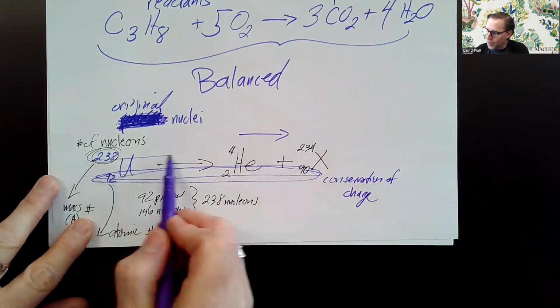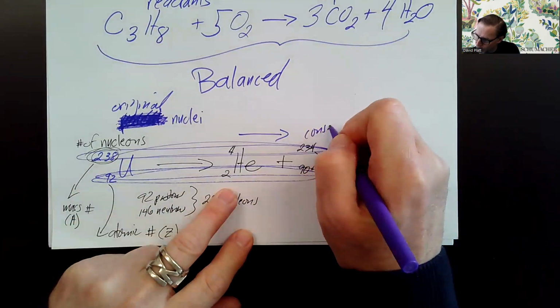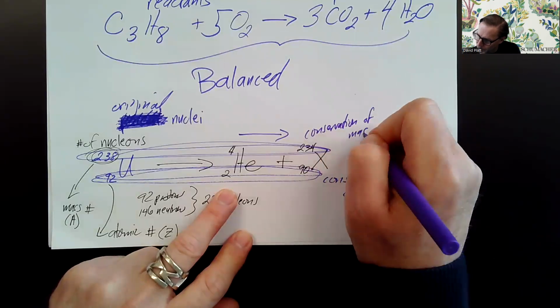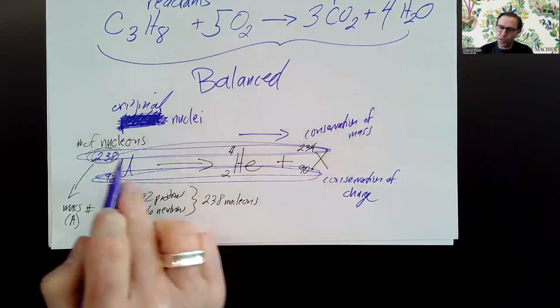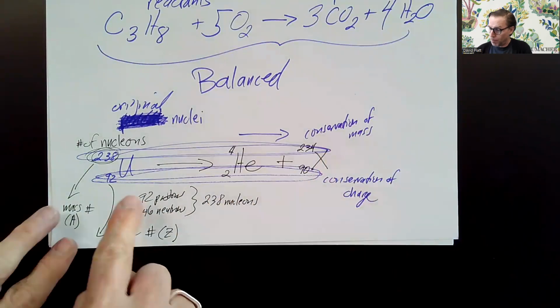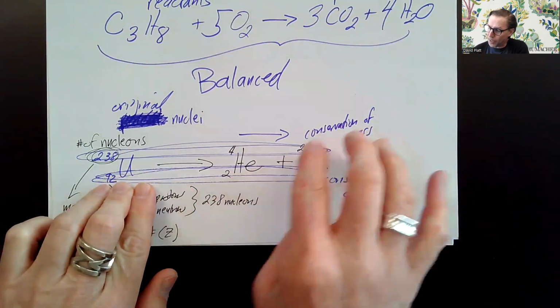And then I draw another similar shape here. This is called conservation of mass. 234 plus 4 is 238. So when we're doing these reactions, we have to conserve charge by making sure that the bottom numbers on the right add up to the bottom numbers on the left, and we have to conserve mass.